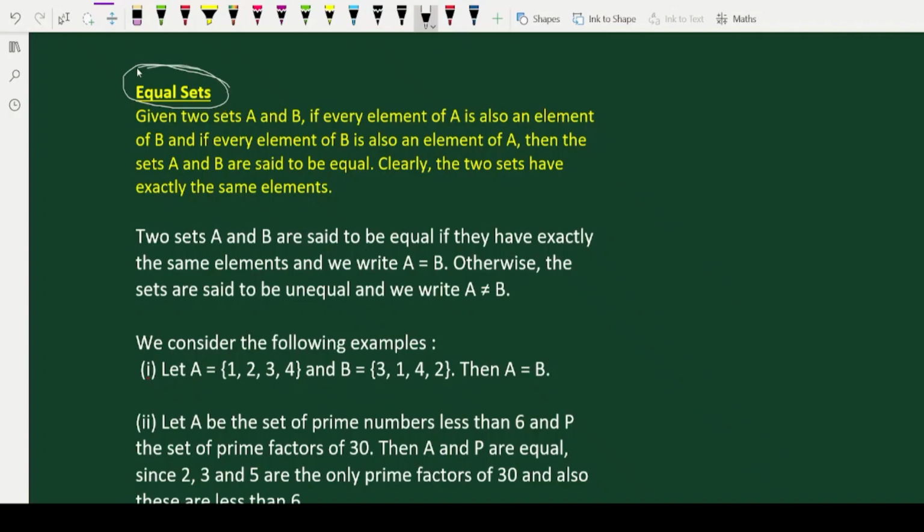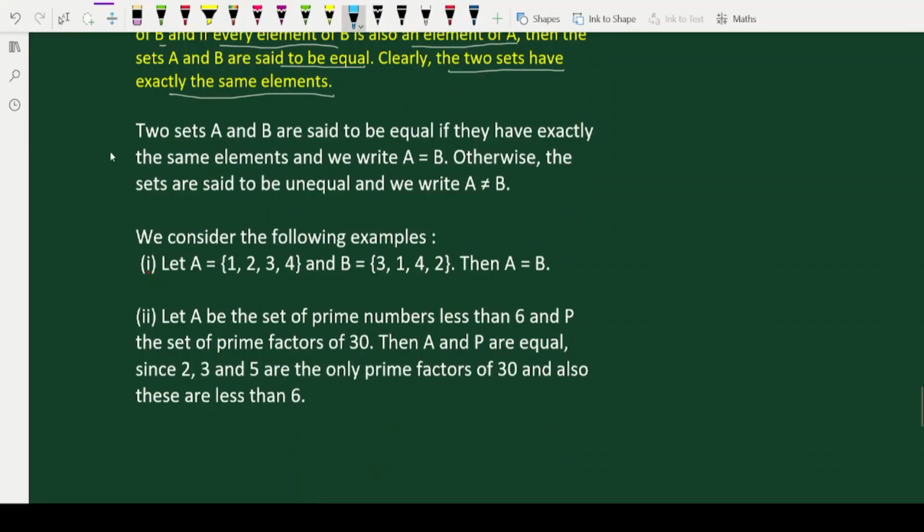Given two sets A and B, if every element of A is also an element of B, and if every element of B is also an element of A, then sets A and B are said to be equal. Clearly, what this definition says is that two sets have exactly the same elements.